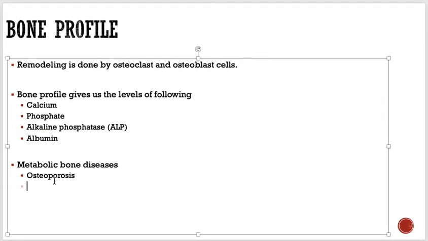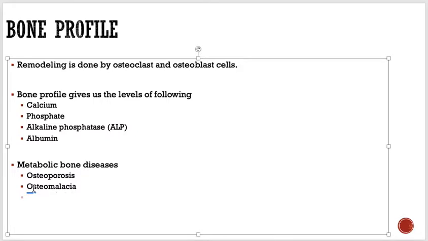And there are of course other conditions like osteomalacia. So what is osteomalacia now? This is when the bone amount is normal, but the mineral content of the bone is decreased.